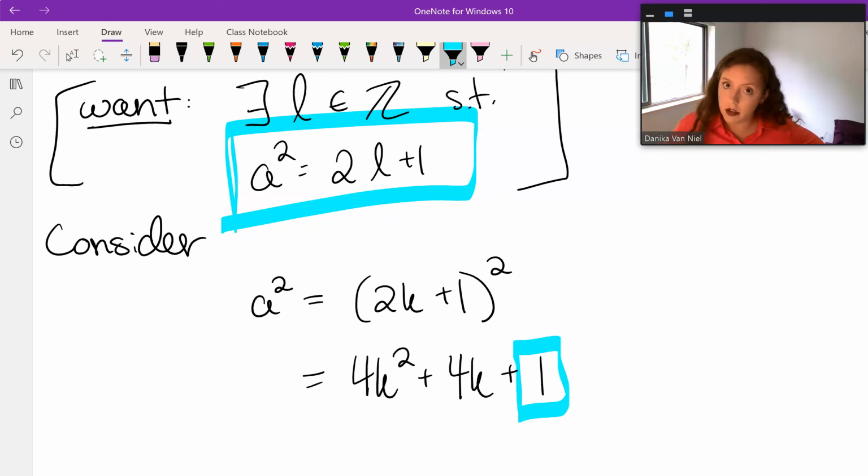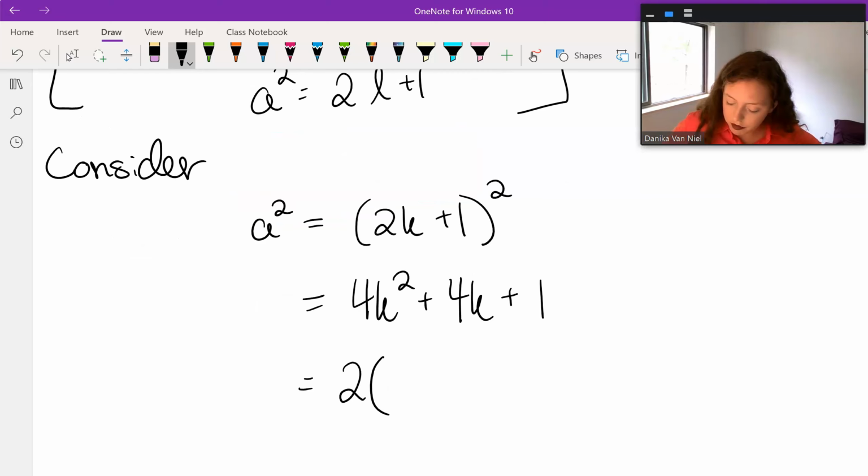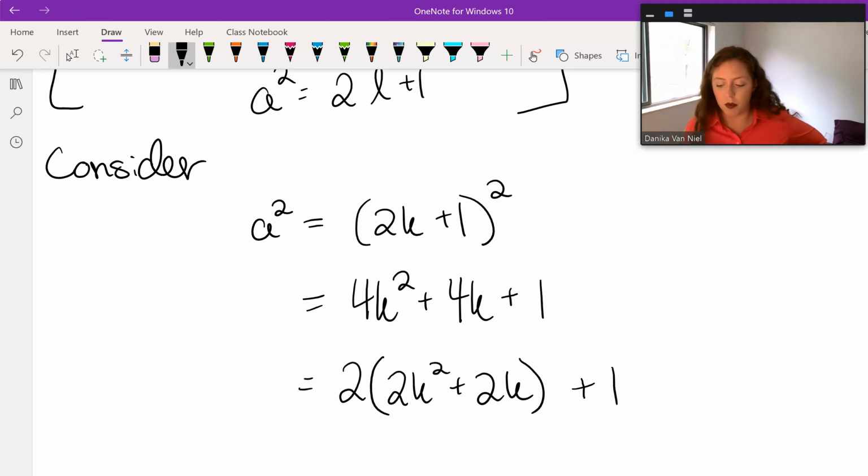I'm not going to touch that plus 1. I want that to stay on the end. Now, the next question I'm going to ask is, can I factor a 2 out of this? Well, I most certainly can. Awesome. So let's do it. So we have 2 times 2k squared plus 2k, and then after that, we have plus 1.